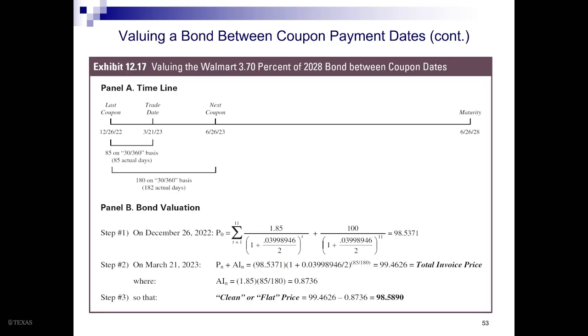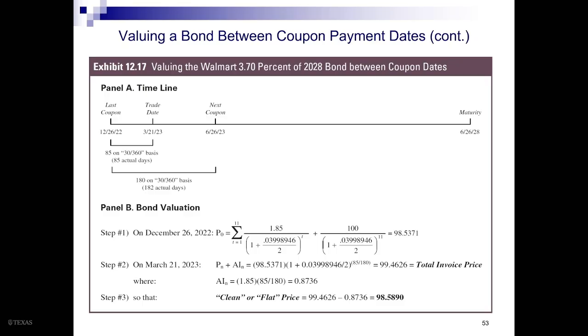When I buy this bond from Brian, I'm going to have to pay him an amount that includes the accrued interest that he deserves. And then in June, the whole 6-month coupon will come to me. So I'll kind of prepay him his portion of the interest when I buy the bond.